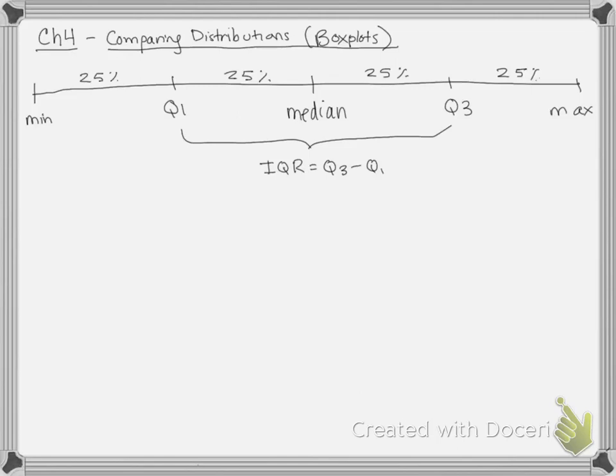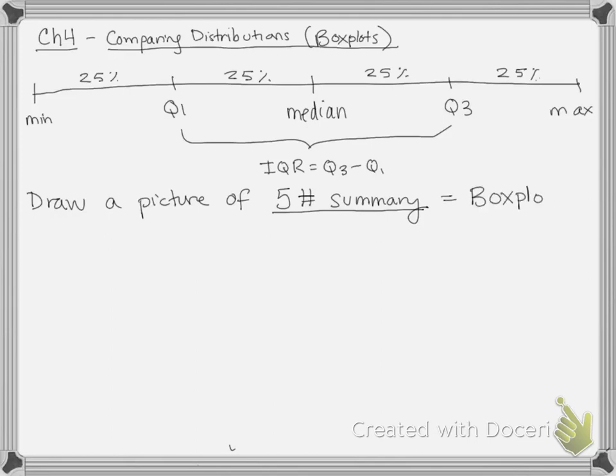So what we want to do is draw a picture of what we refer to as the 5-number summary. The picture of the 5-number summary is referred to as a box plot.